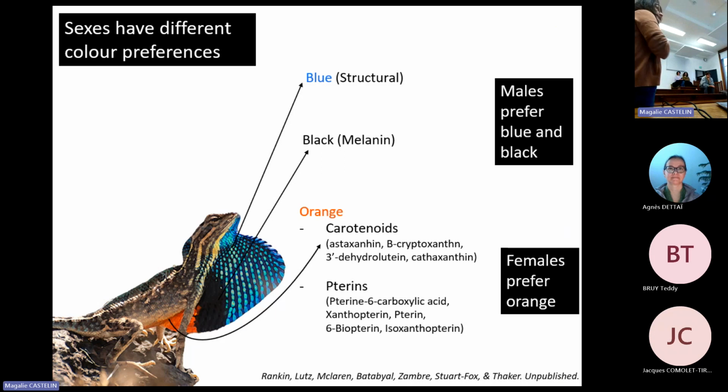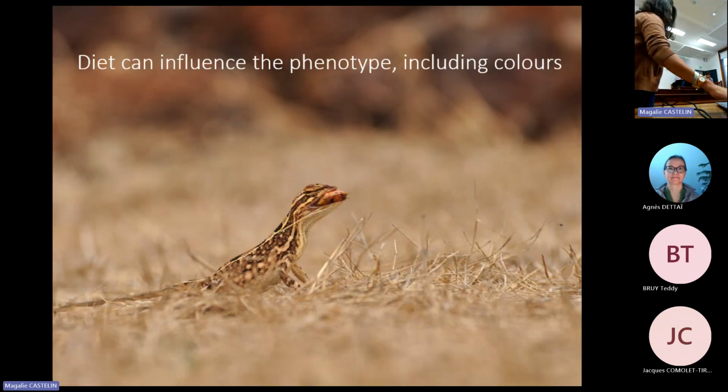Now, if you remember from broader literature, you've got to eat your way to orange. So that might be the mechanism by which high competition in predator-free places reduced access to good orange-making food. And that could explain why some of our males mechanistically were not as intensely colored with high competition.